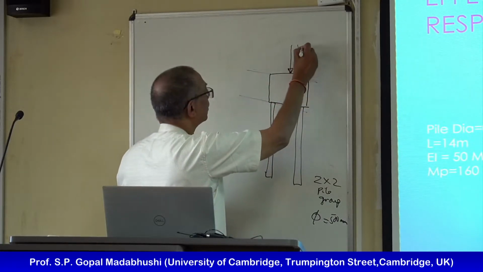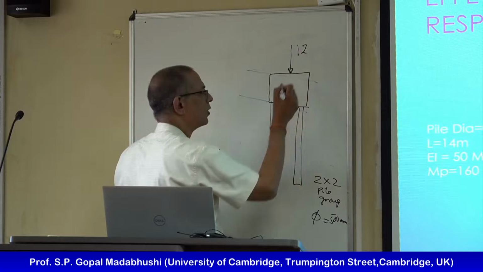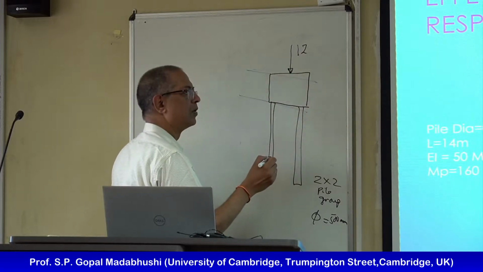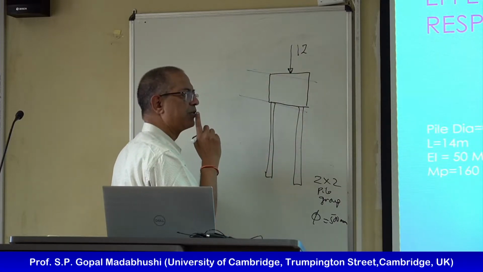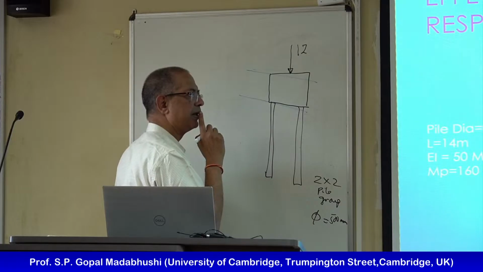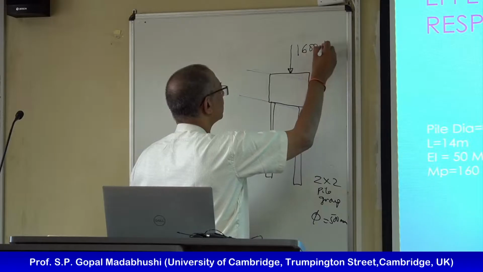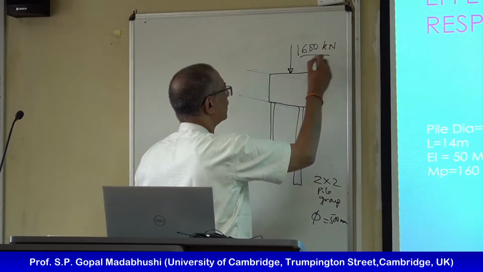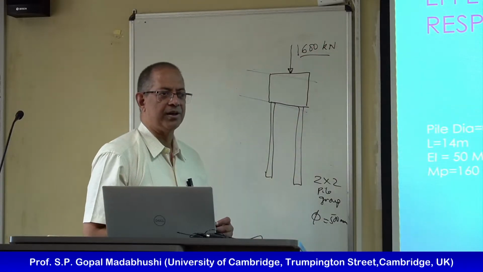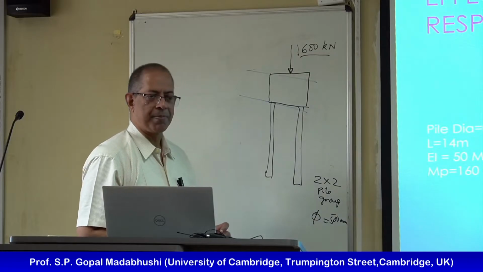So 40 times 4, 160, 1600. So that's a fairly lightly loaded pile for that diameter.